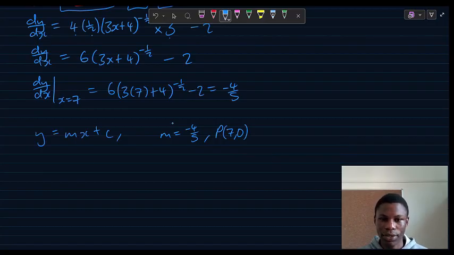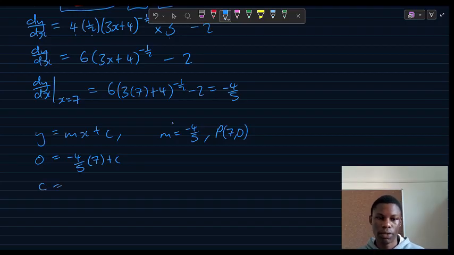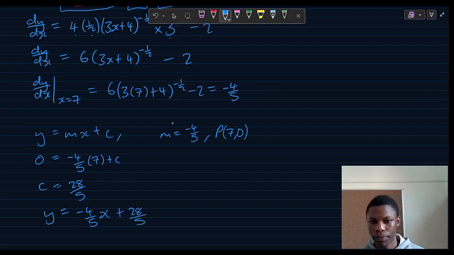So our y is going to be 0, our m is negative 4 over 5, our x is going to be 7, plus c. So c is going to be 28 over 5. So it means the equation of the tangent to the curve is y equals negative 4 over 5 x plus 28 over 5.